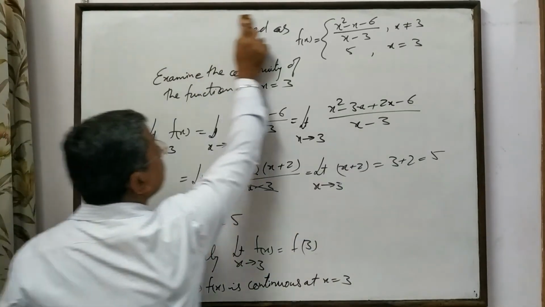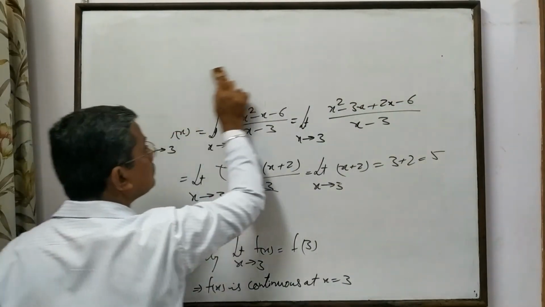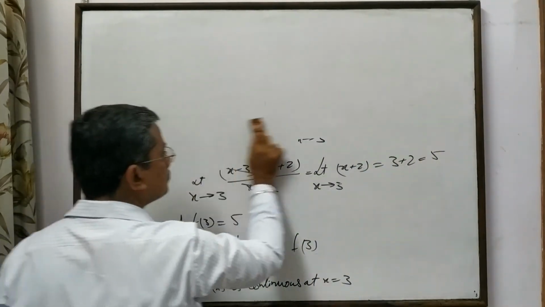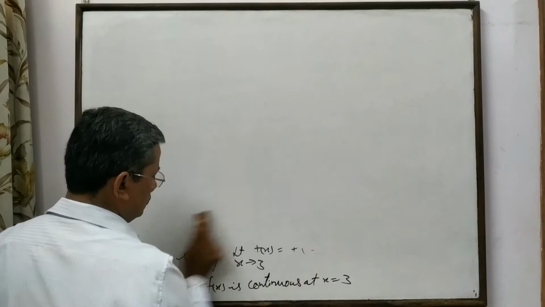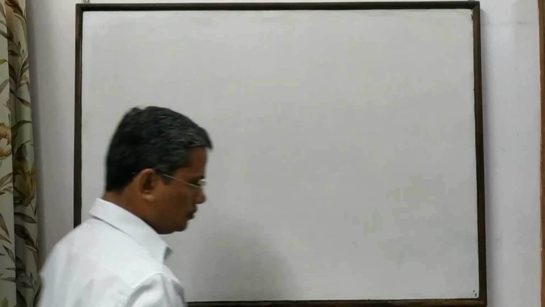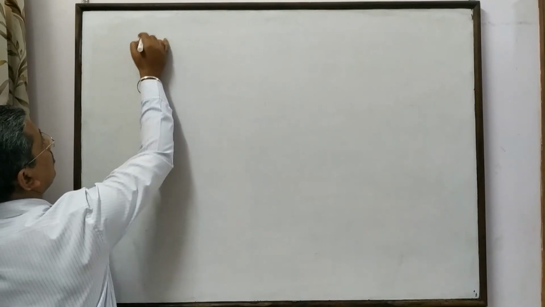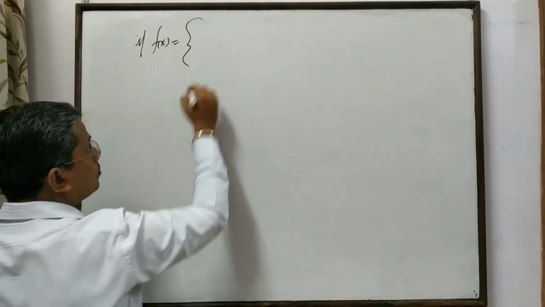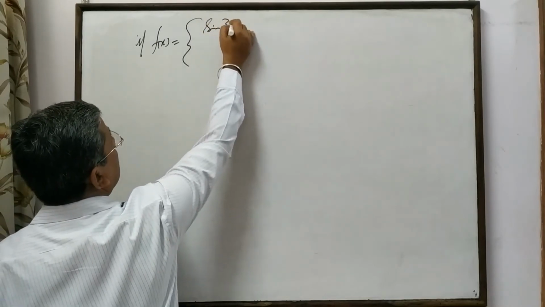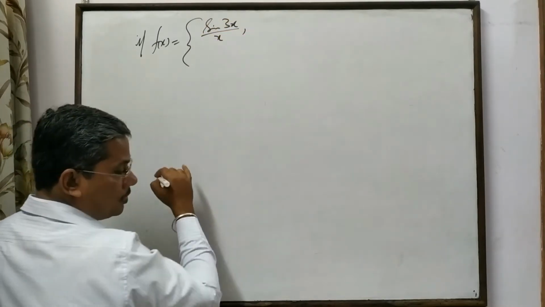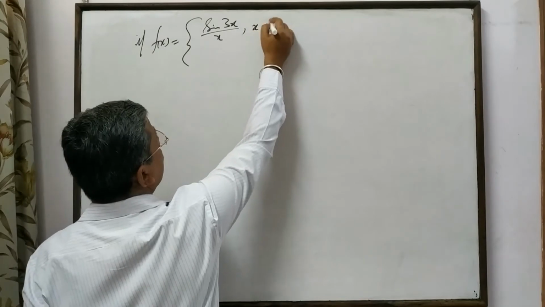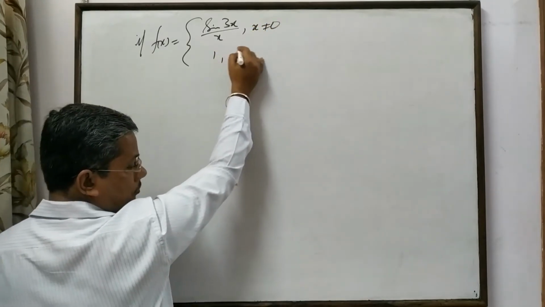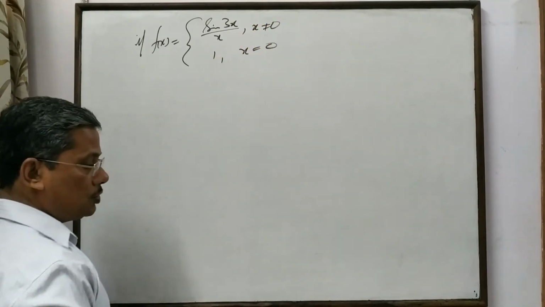Another question. If f of x is equal to sine 3x upon x when x is not equal to 0, and 1 when x is equal to 0.